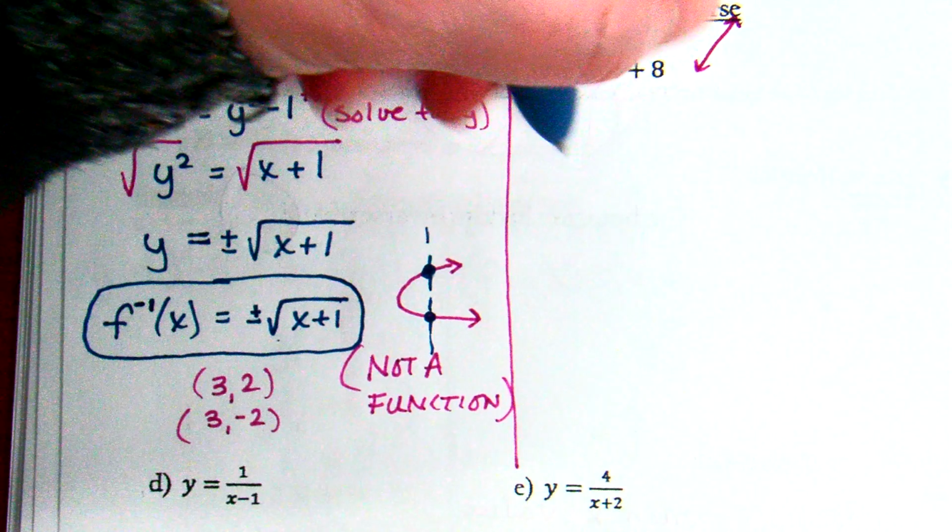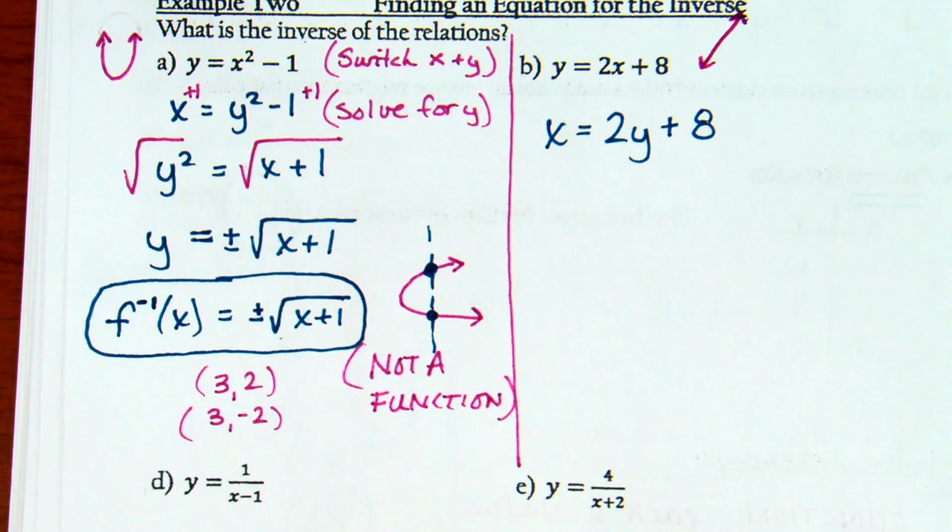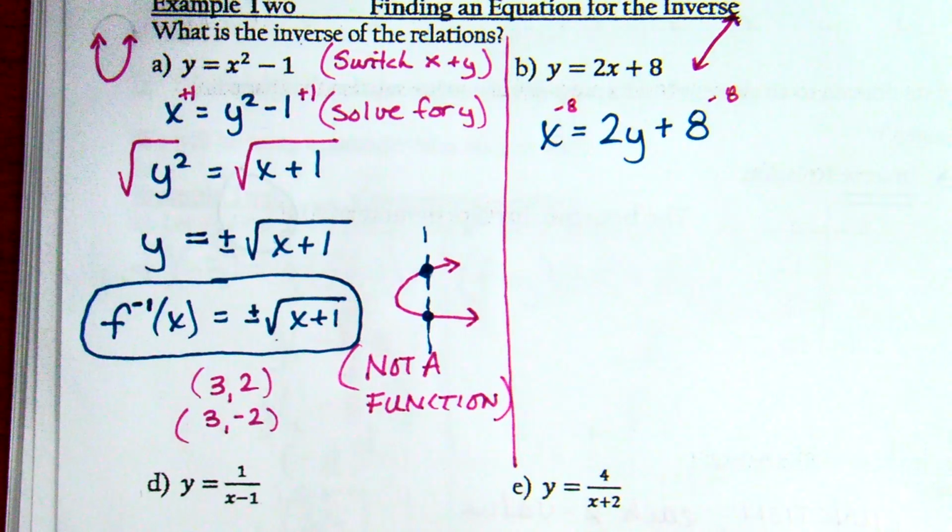Switch x and y. So instead of y equals, I'm going to write x equals. Instead of 2x plus 8, 2y plus 8. Okay? After we switch x and y, what's my next job? Solve for y. So if it's 2y plus 8, what would you like to do? Subtract 8.